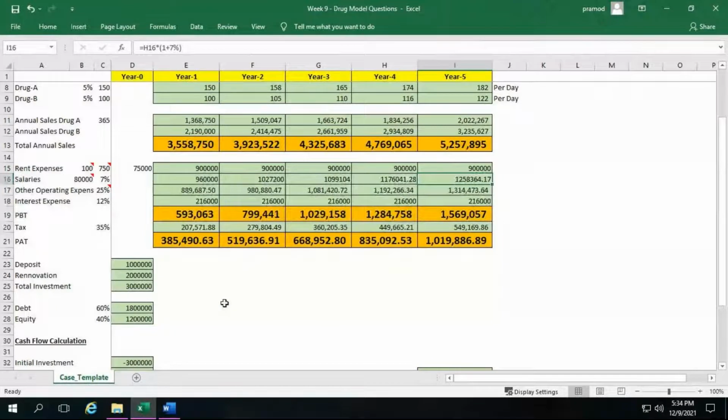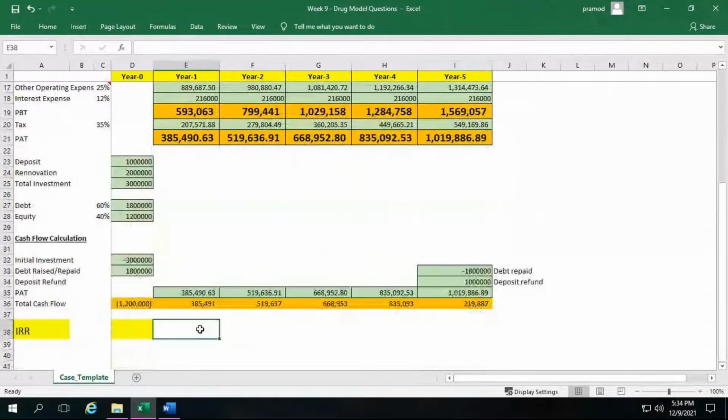Understood? Okay. So the final is IRR. The IRR function calculates the internal rate of return for a series of cash flow.